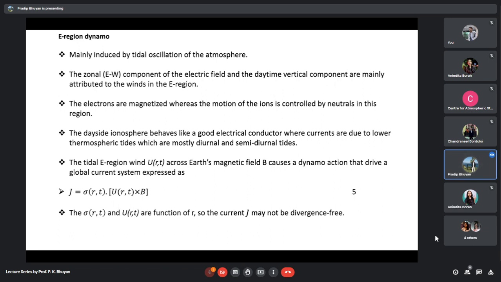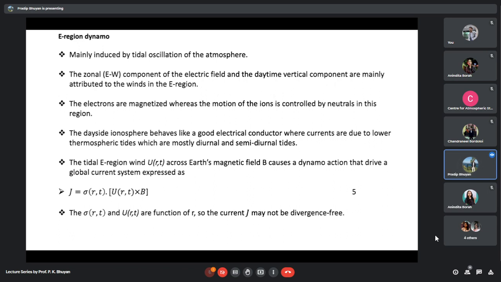East-west component, okay? Zonal is east-west, meridional is north-south. Keep that in mind. Meridional is north-south, that means along the field lines. And zonal is east-west. Either it can be towards east or it can be towards west, okay?